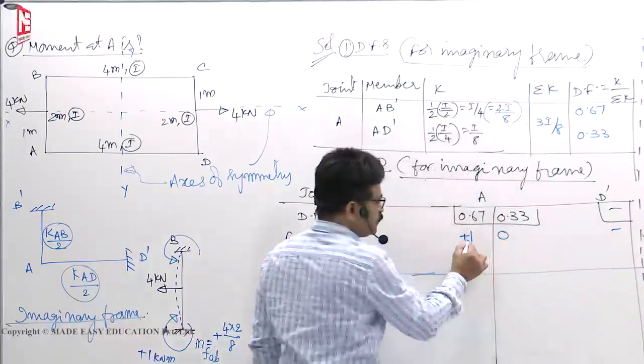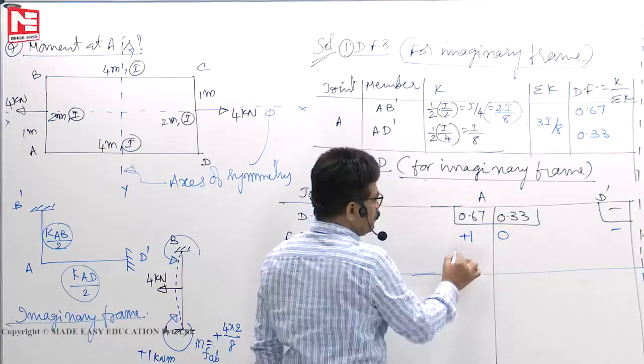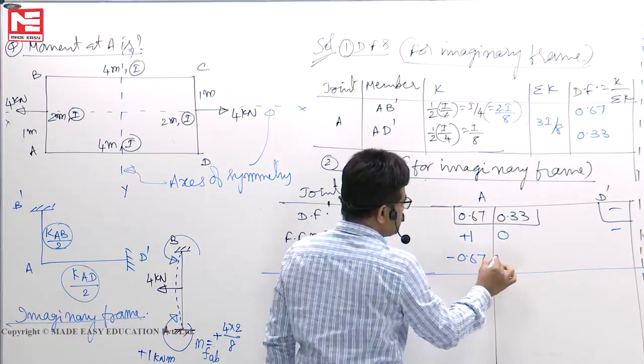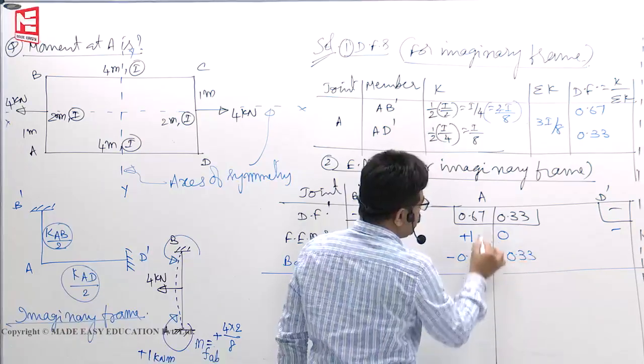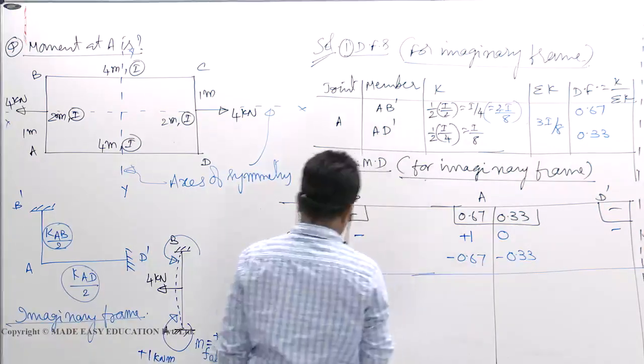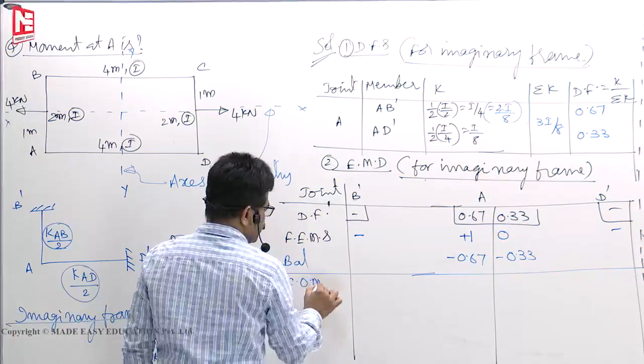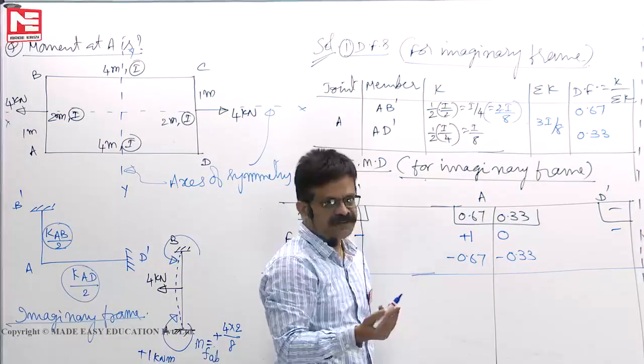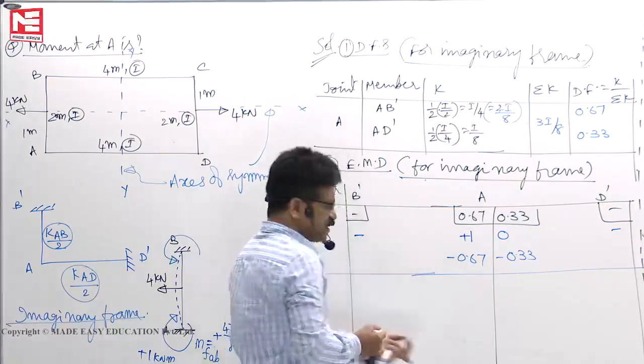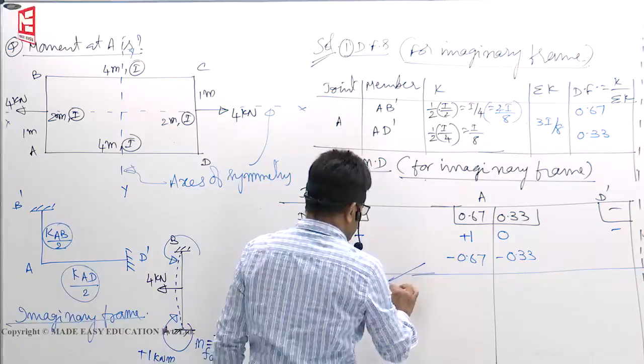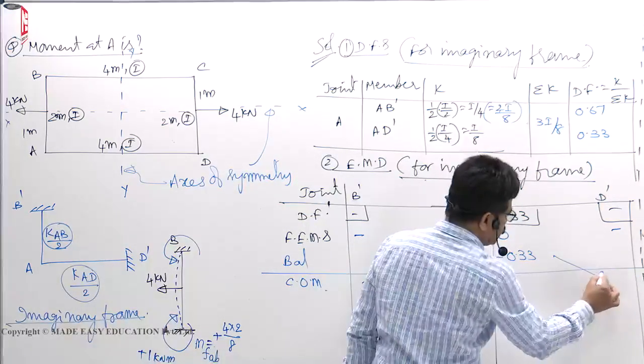When you balance it, minus 1 you have to apply: minus 1 into 0.67, minus 0.67, minus 1 into 0.33, minus 0.33. Over from here, 0.33 is the answer. One of the options is 0.33. This is extra, unnecessary, we are writing. From here to here nothing is carried over.